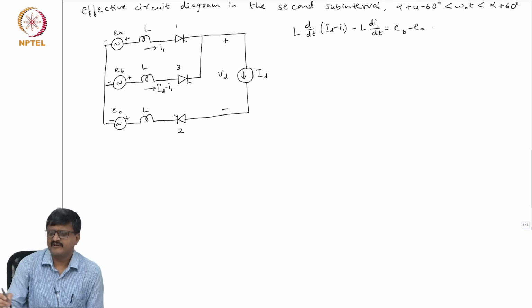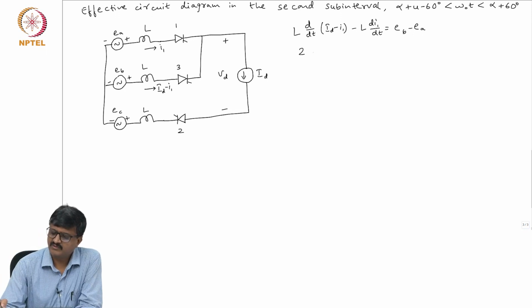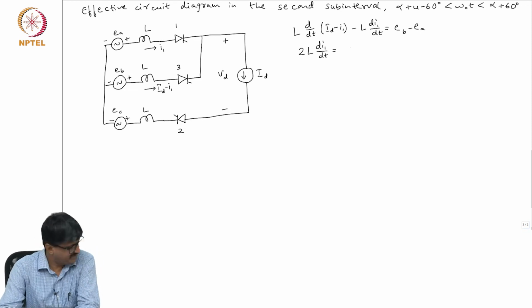ID is a constant, so the derivative with respect to time of ID is 0. So what I get is 2L dI1 by dt is equal to EA minus EB.